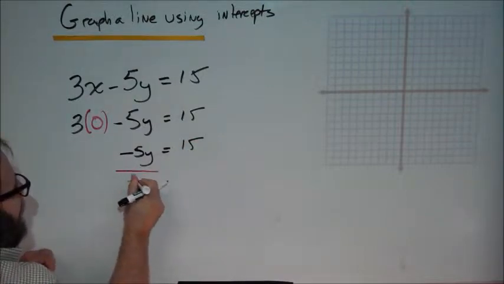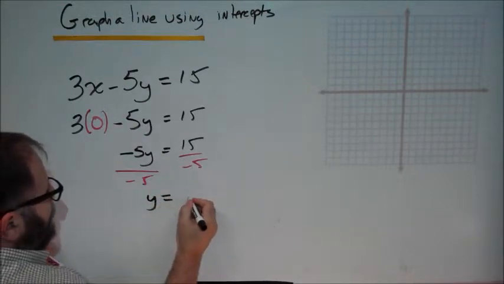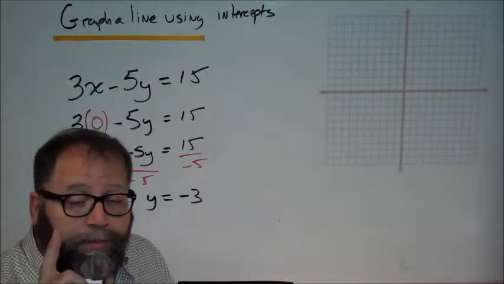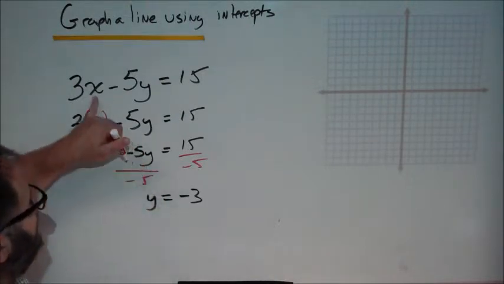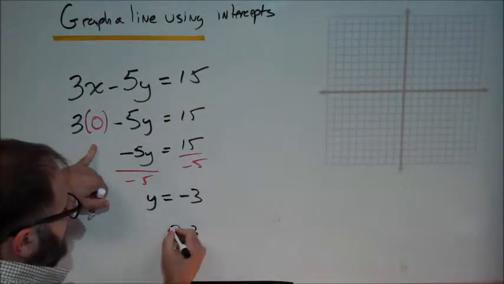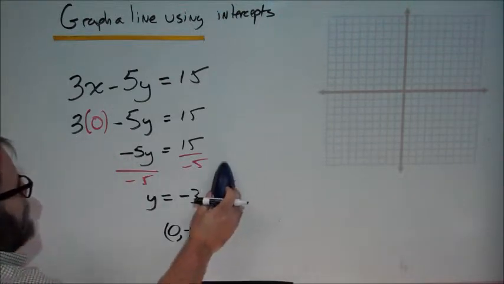Divide by negative 5, and we get y equals negative 3. So there's our first point. That's our first intercept. When x is 0, y is negative 3.